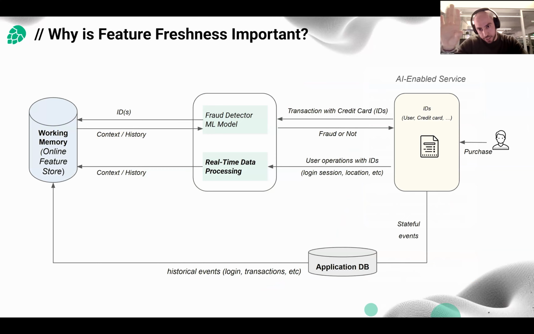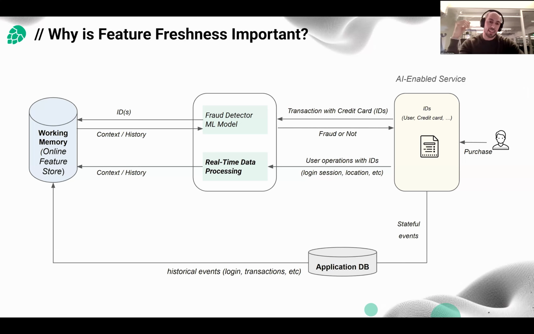On the right-hand side, we have this AI-enabled system that users interact with, and when trying to buy something, to make a transaction, the IDs of this user and the credit card number are sent to our system, which will try to predict whether it's a fraudulent transaction or not. This fraud detector will use these IDs to retrieve some context and history related to this user and the credit card activity, and then try to figure out if it's fraud or not.